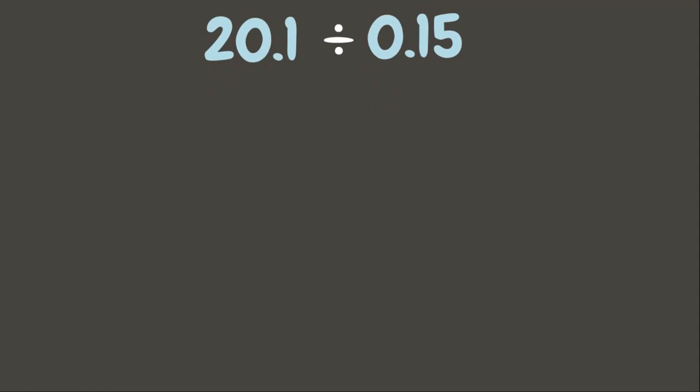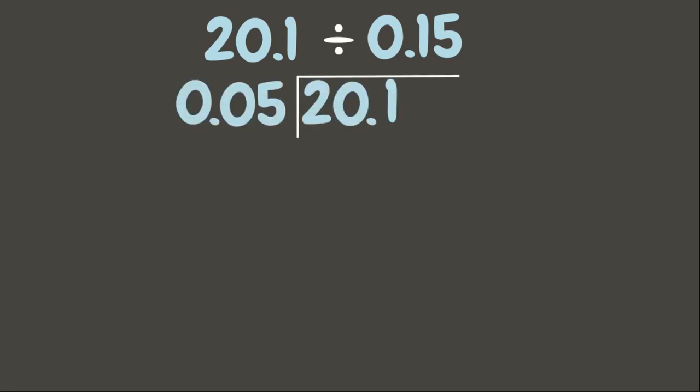At this time, we are going to divide a decimal by a decimal. 20.1 divided by 0.15. Since our divisor is a decimal, we are going to change it into a whole number. Let's move the decimal point to the right. Let's count. 1, 2.